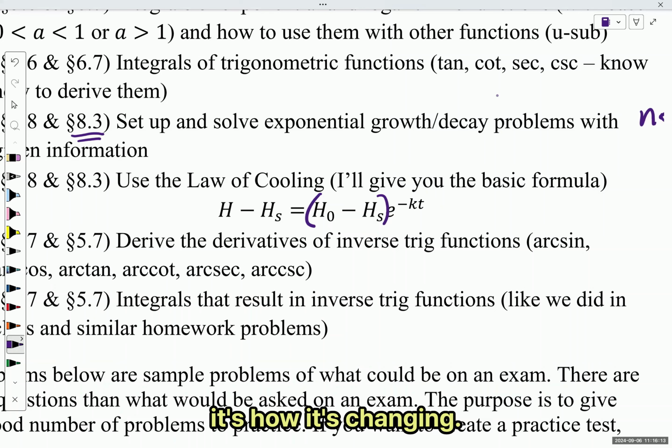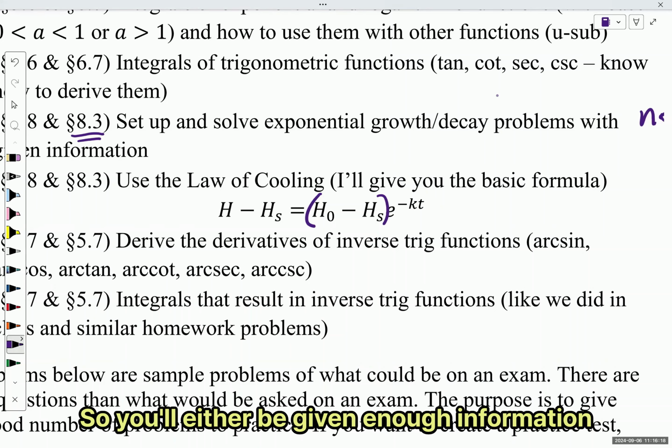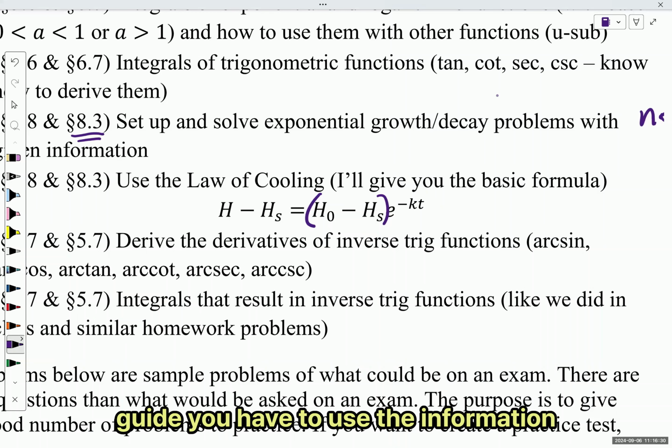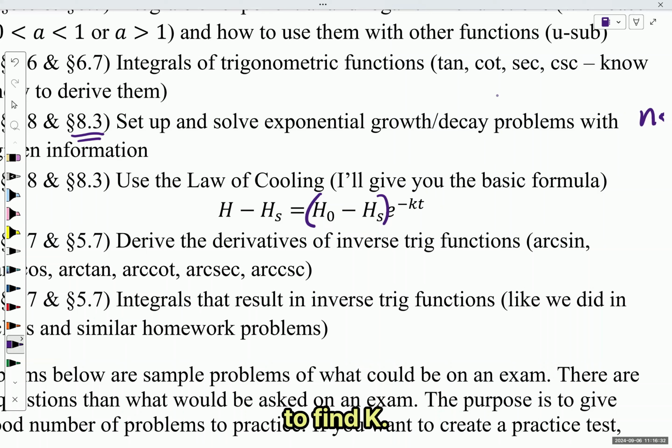It's how it's changing. So you'll either be given enough information to find K, which I think is the problem. Do I have to find K first? Yes, so in number 22 on that study guide, you have to use the information to find K. And then you try to find a value later, like how long. You find the time for a different problem.